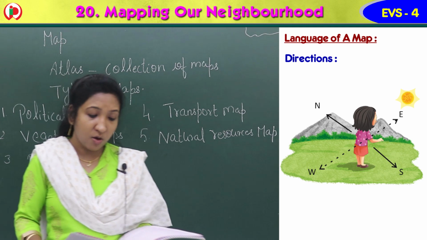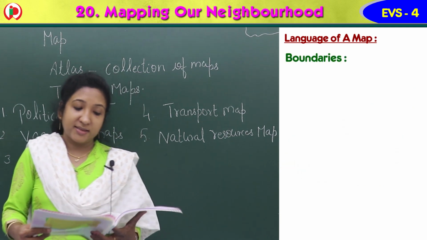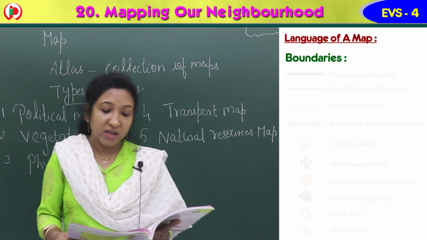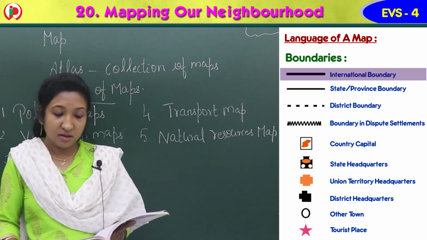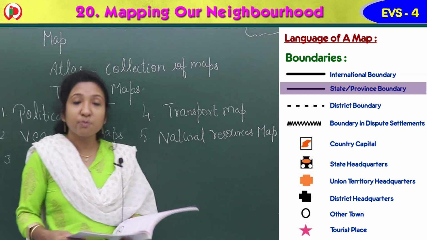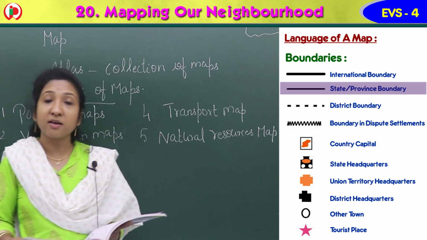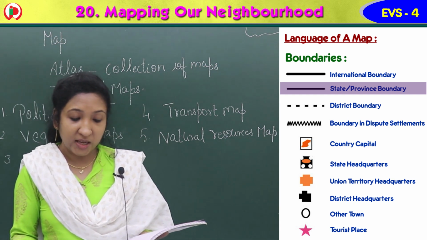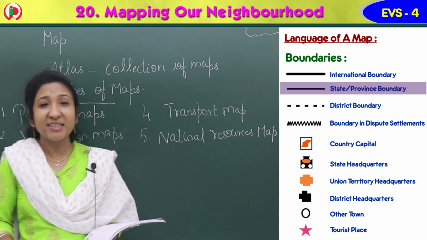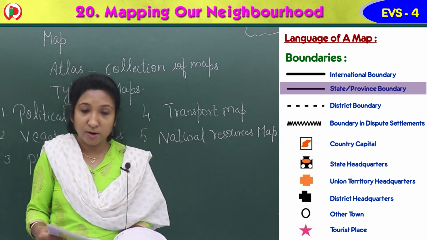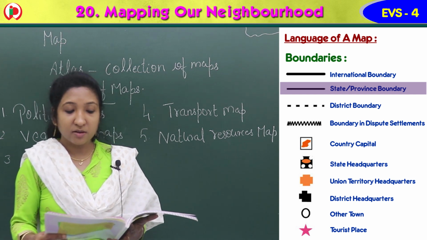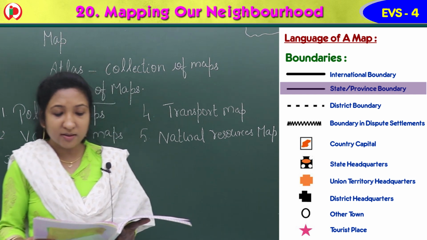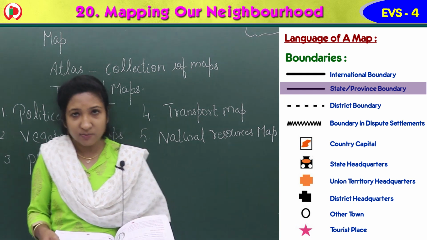Okay, so boundaries, see the pictures. International boundary, a thick line. State or province boundary, see the line, not as thick as the international boundary. A province means a region within a country, so it means state only.